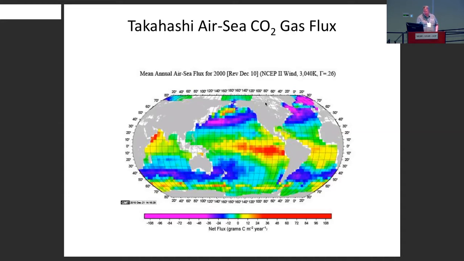There's large-scale outgassing happening in the equatorial Pacific, because that large-scale circulation is bringing carbon-rich cold water up to the surface. Then that water heats up because of the intense heating from the atmosphere. As it heats up, the water cannot hold as much carbon dioxide, and it releases carbon dioxide to the atmosphere. So you have outgassing of carbon dioxide where these cold carbon-rich waters are reaching the surface.